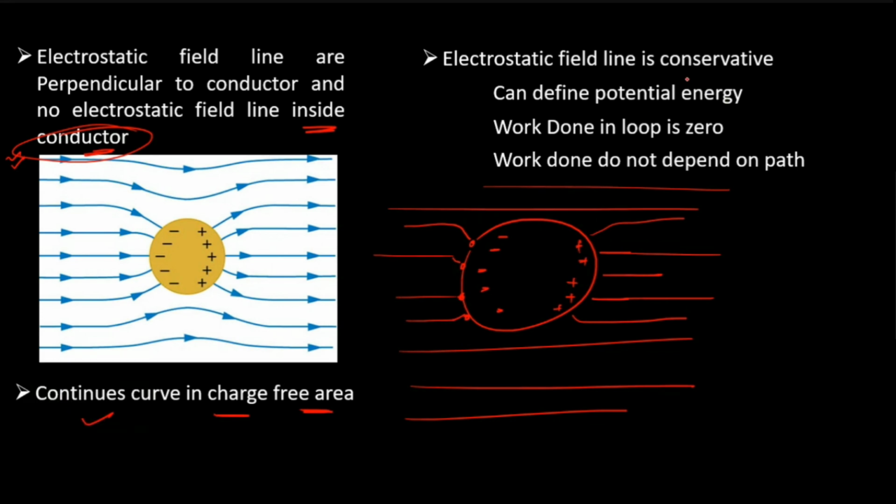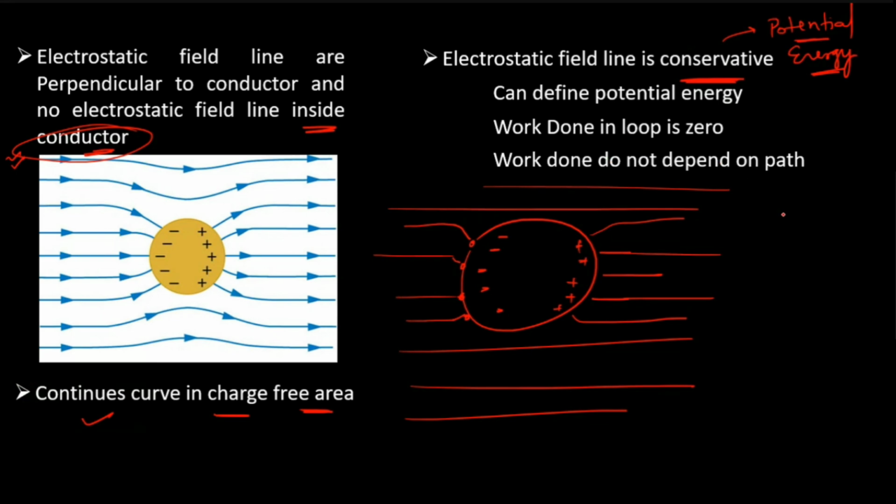Another important point: conservative means that for such a force, potential energy is defined. This is something we studied in grade 11. There are two types of forces, conservative and non-conservative.